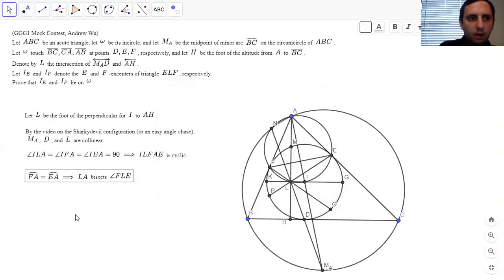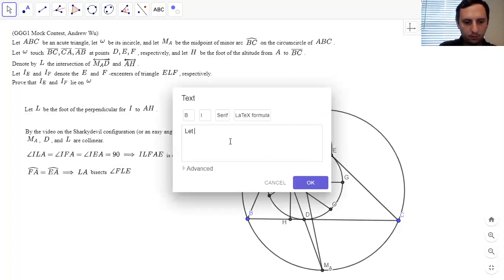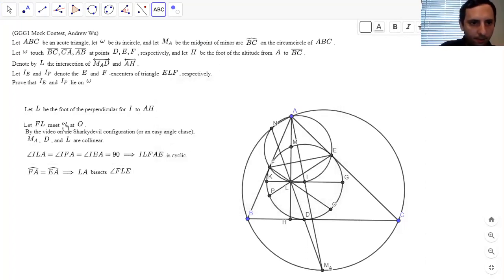And once we know that, since ALI is 90, that means LI bisects ELO. I'll just say let FL meet the incircle at O. All right. And then since ALI is 90, LI bisects ELO.